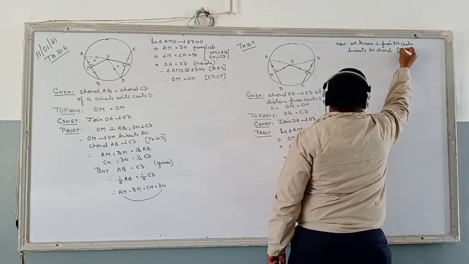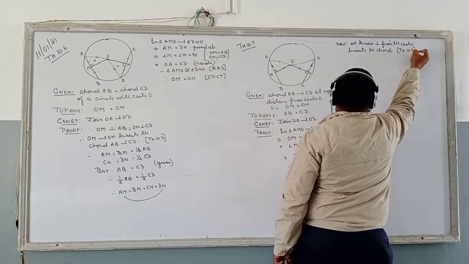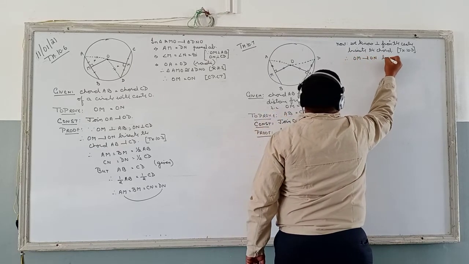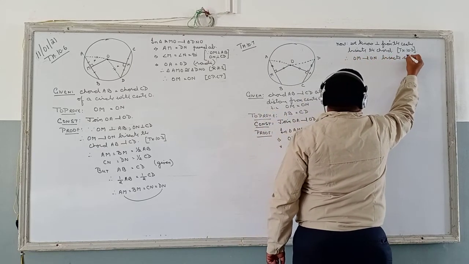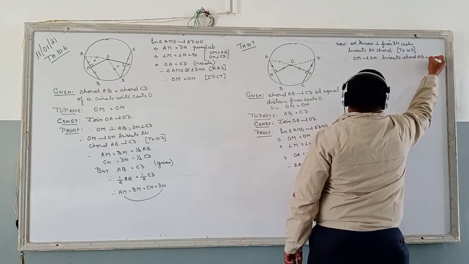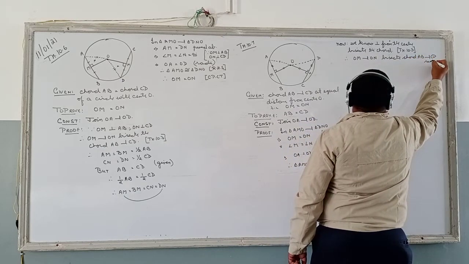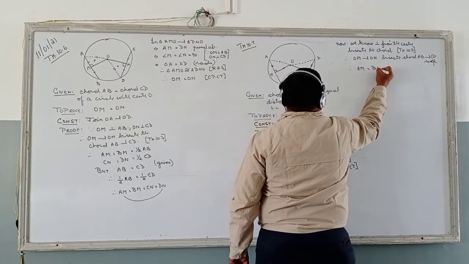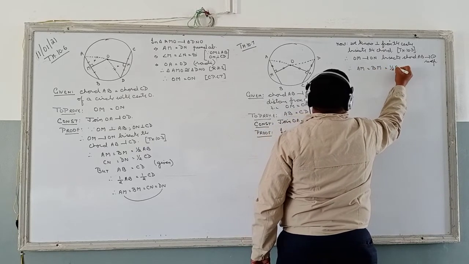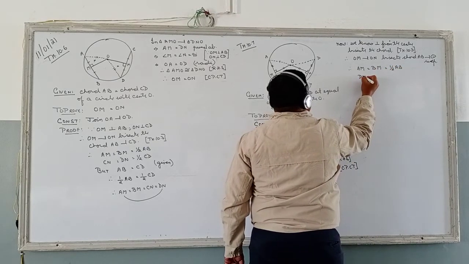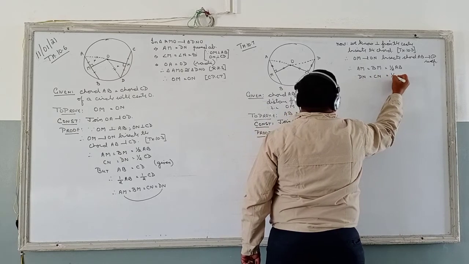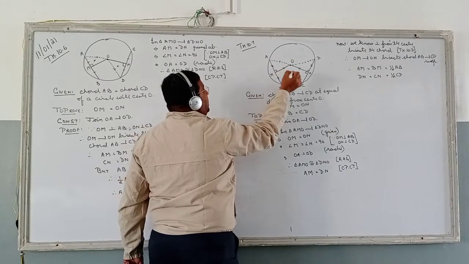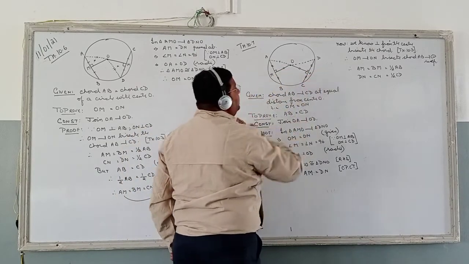Which theorem am I talking about? That is theorem number 10.3. So therefore, OM and ON bisect chords AB and CD respectively. So AM equals BM equals half of AB, and DN equals CN equals half of CD.